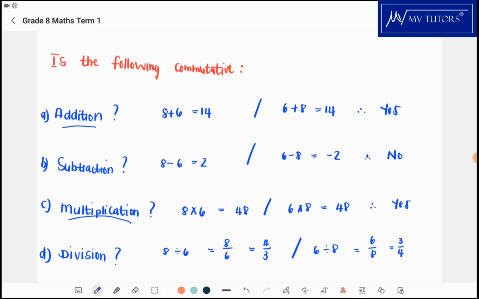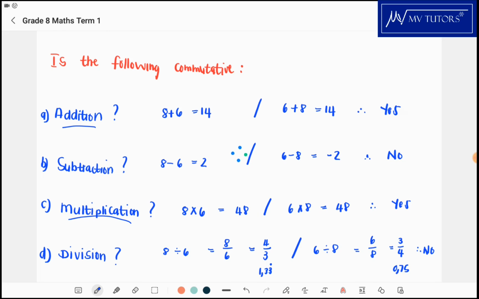It's 3 quarters. 4 over 3, like I said, is like 1.333, so the 3 is recurring. 3 over 4 is like 0.75. Is division commutative? No. So what can we summarize? Addition and multiplication are commutative, but subtraction and division are not.